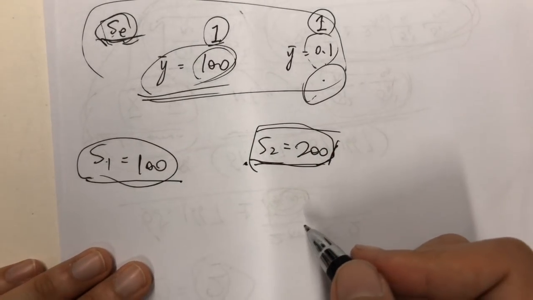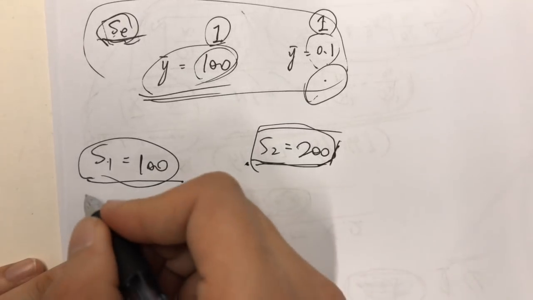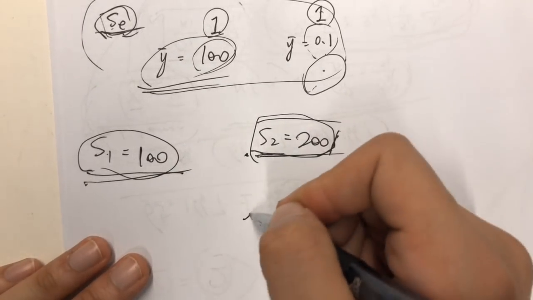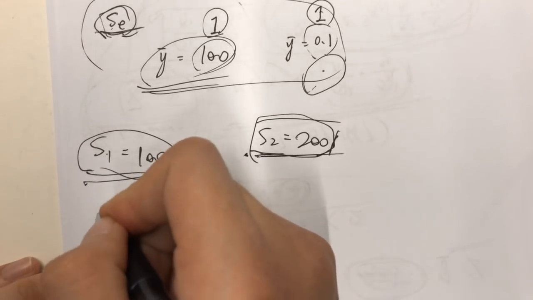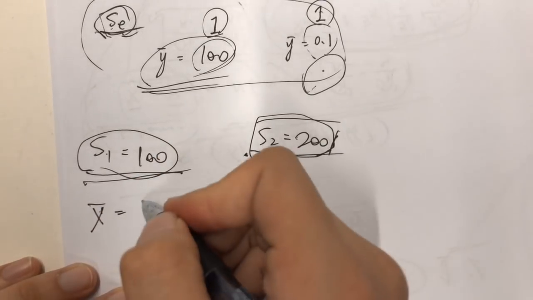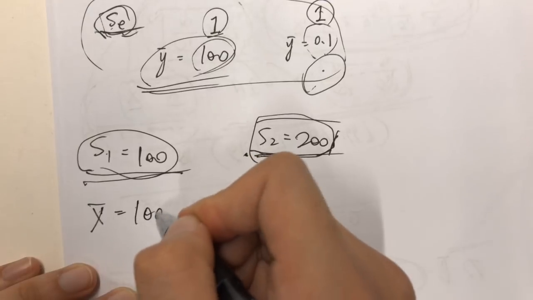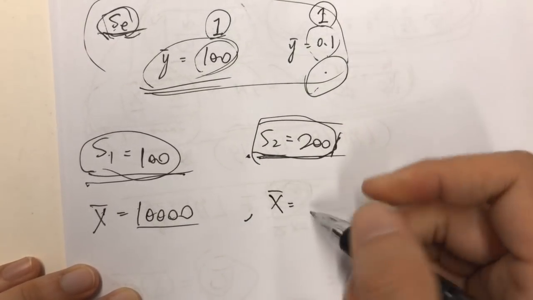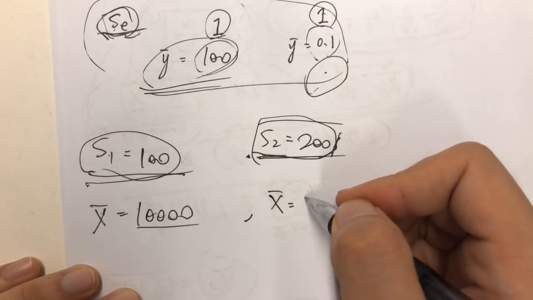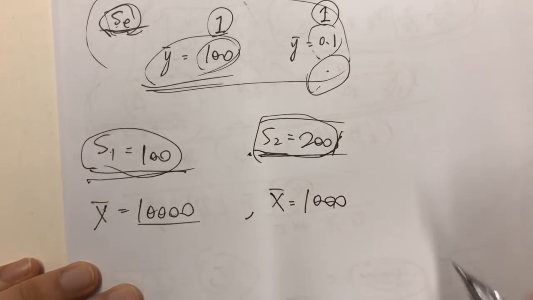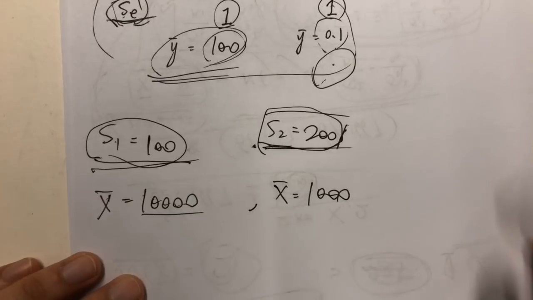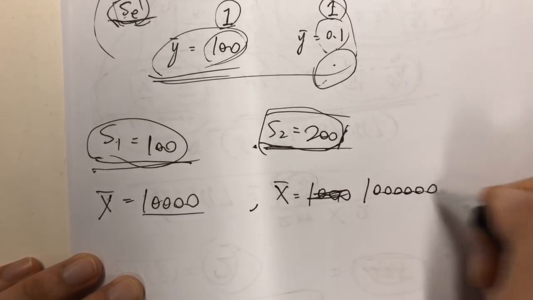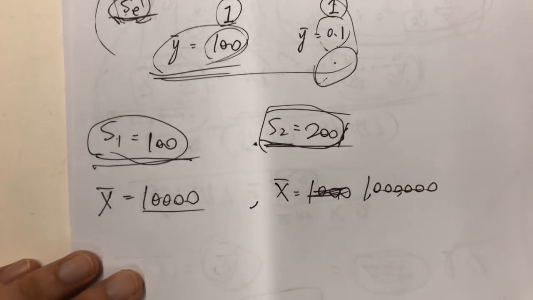Not really, because we need to see the magnitude of those two data, right? So for example, if x bar of the first one is 10,000 and x bar of the second one is 1 million.